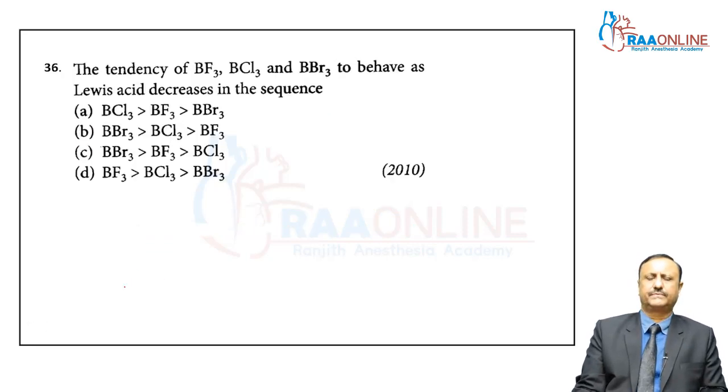The tendency of BF3, BCl3 and BBr3 to behave as Lewis acid decreases in the sequence. Here my dear students, you can see Lewis acid behavior. What is a Lewis acid? What is the concept?